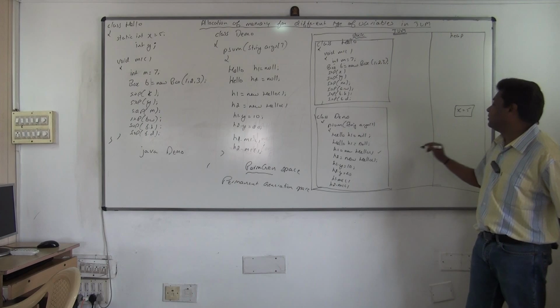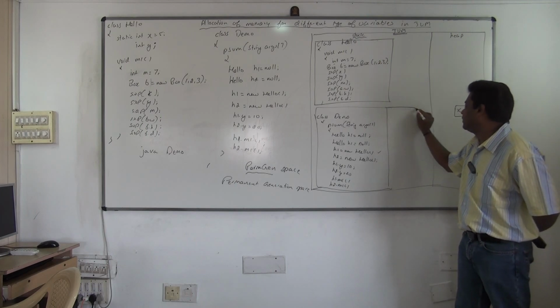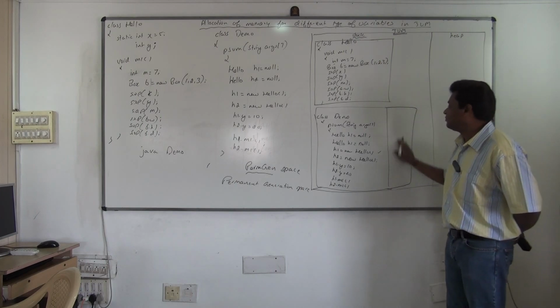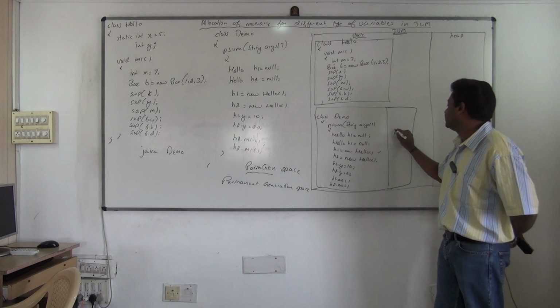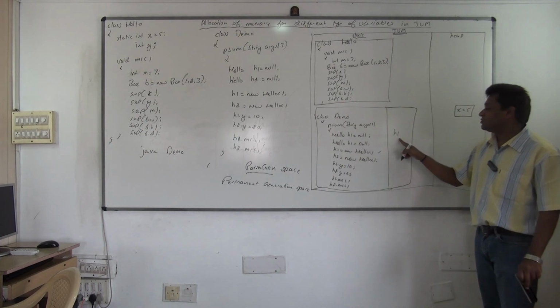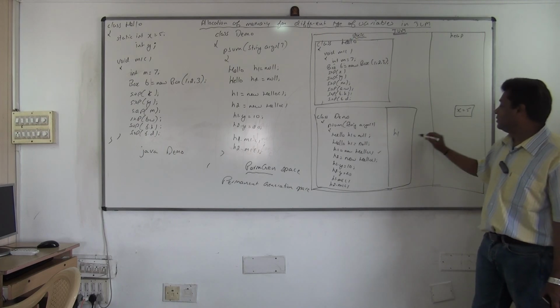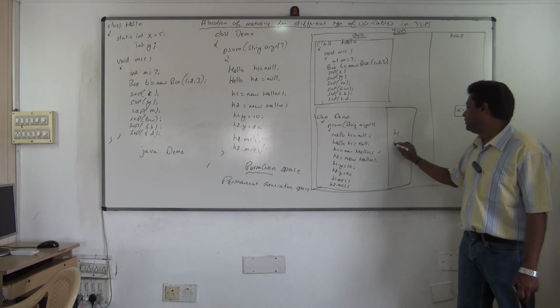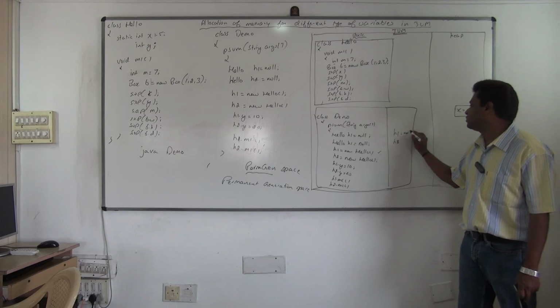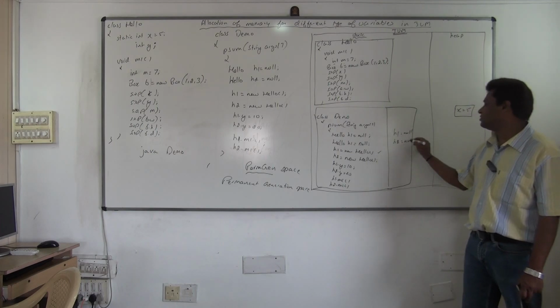So after the static variable is declared and initialized, one more thing happens now. In this frame, h1 is a local variable. h1 is called what? Local variable. So first h1 has been declared here, here h2 has been declared, and they have been initialized to null. I didn't draw this also. Fine.